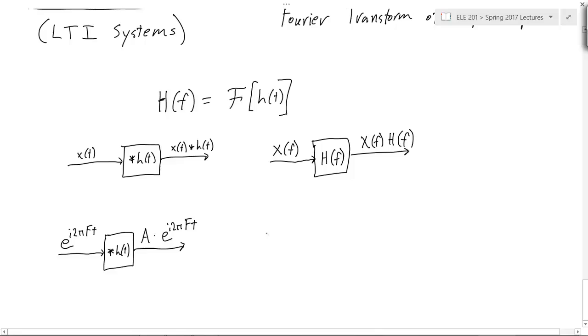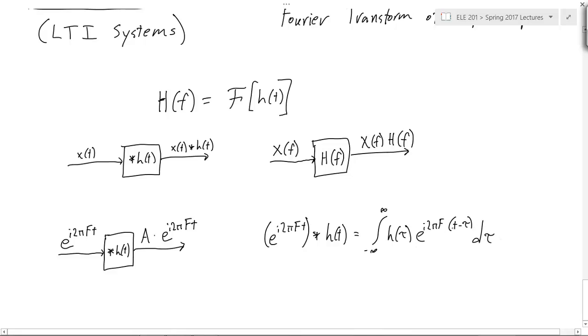I'm going to do it in a more direct way. Let's just write out the convolution, and by the commuting rule, I'm going to put it backwards: e to the i 2 pi F t convolved with h of t. I'm going to write the integral with the h first, by preference. Again, it commutes. The integral of h of tau e to the i 2 pi F (t minus tau) d tau.